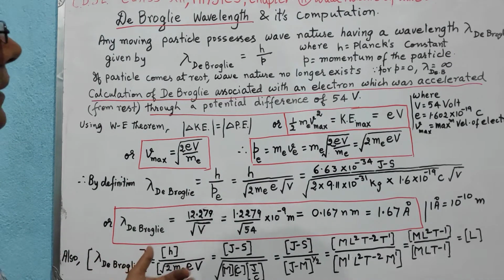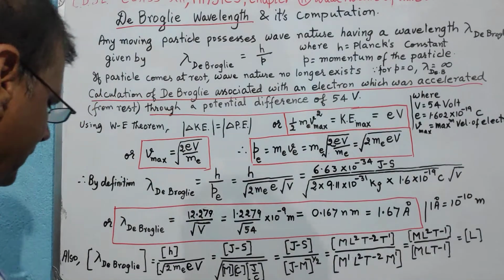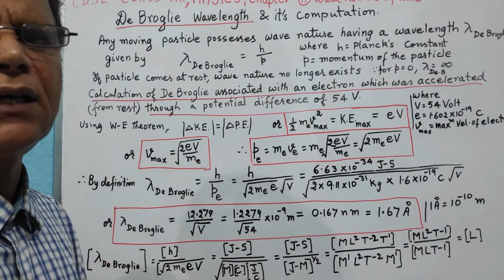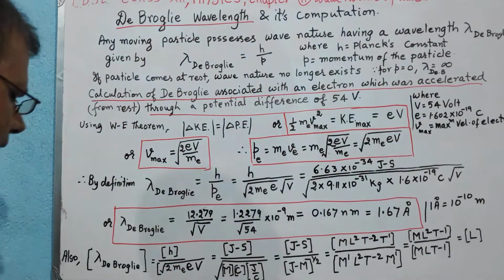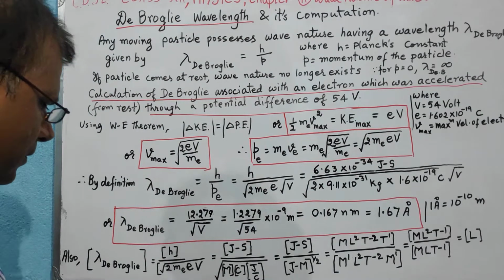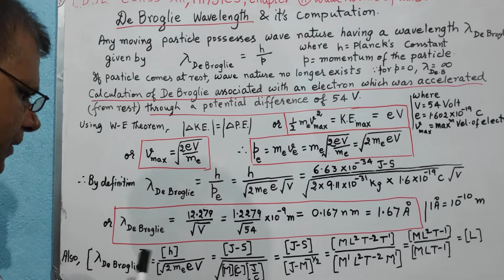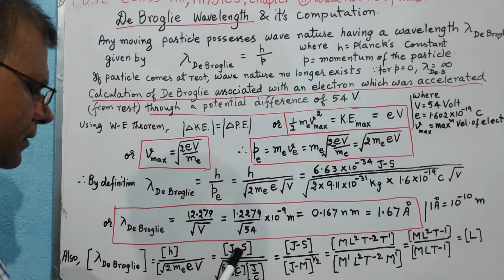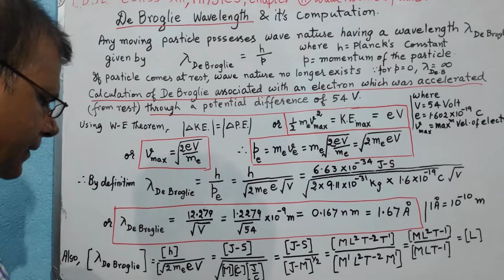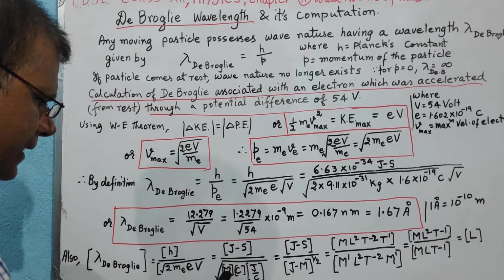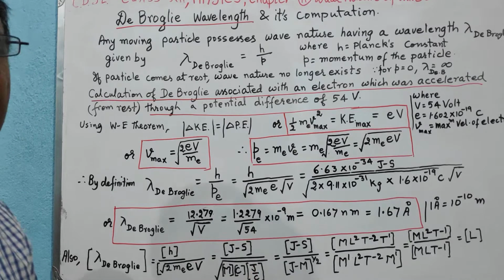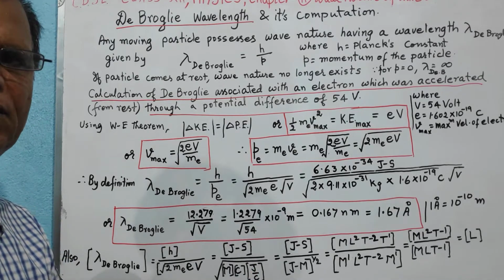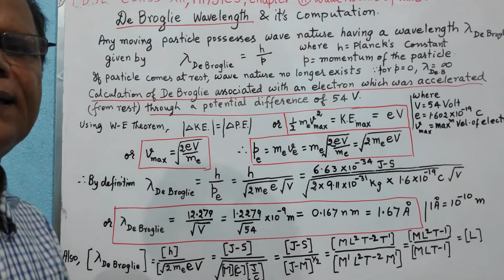Now here we would also like to verify the dimension of de Broglie wavelength, how it should be in meter. Well, you have the relation de Broglie wavelength is equal to h upon root 2 m e V. So when we put the dimension of h, Planck's constant, that should be in joule second, and for mass we write m, and for charge we write coulomb, and for voltage we write joule per coulomb, because that is the very definition of voltage.